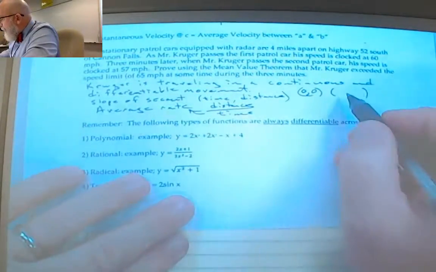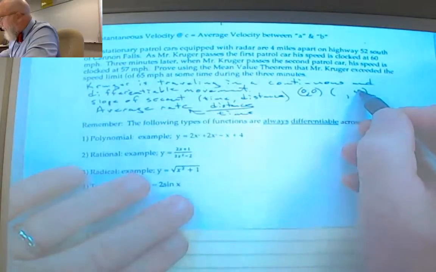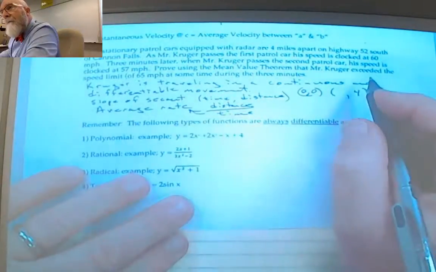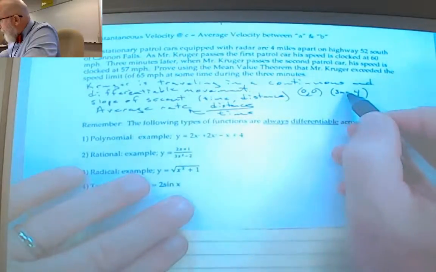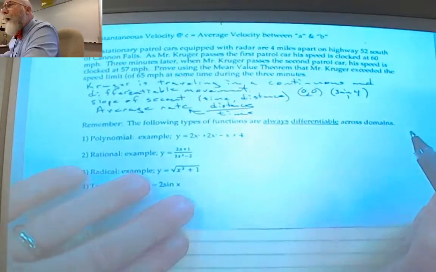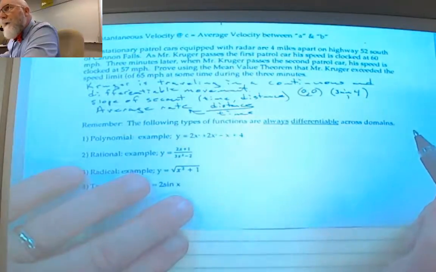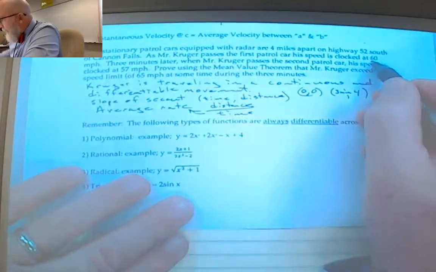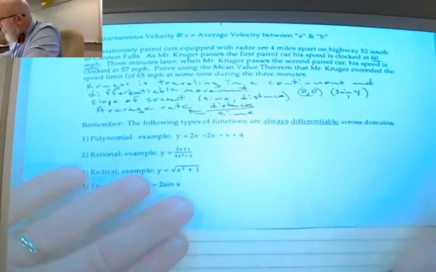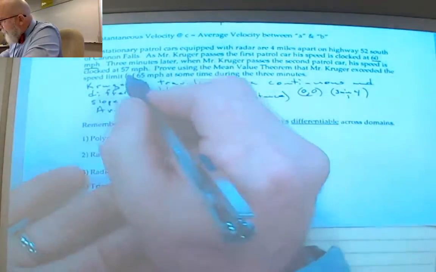So how much time? You said 4 miles for distance. How much time? 3 minutes. And I would agree with you 100%. What's the problem with 3 minutes? Do I want it in seconds? And I'm going to circle 60 miles per hour. I'm going to underline it. And I'm going to underline 57 miles per hour.